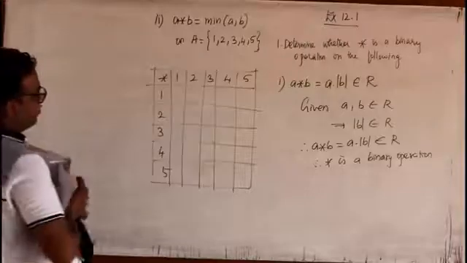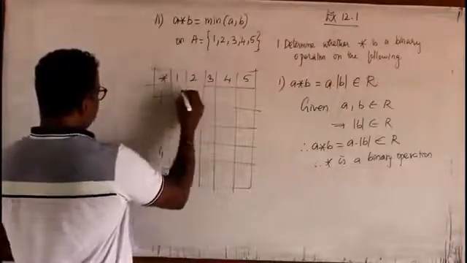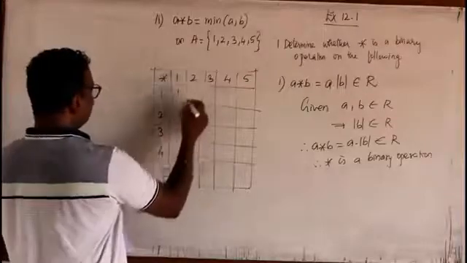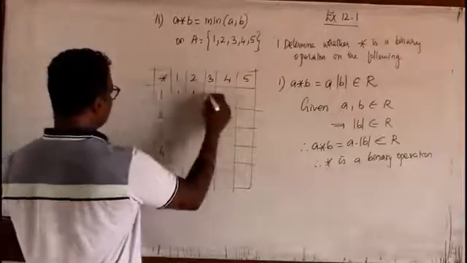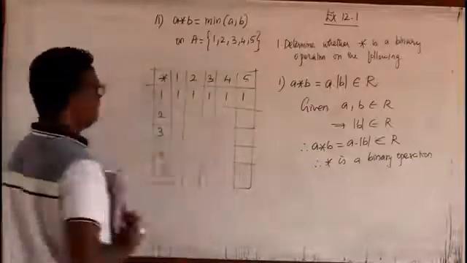So I have to operate two numbers and the result must be the minimum of those two. That is, with 1, the minimum is 1 always. 1 and 2, 1 is the minimum. 1 and 3, 1 is the minimum. 1 and 4, 1 is the minimum. Between 1 and 5, 1 is the minimum.